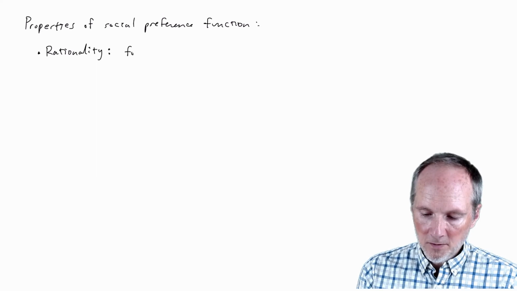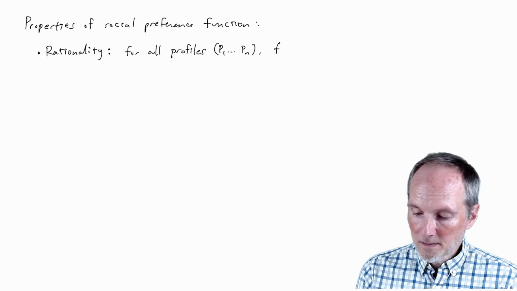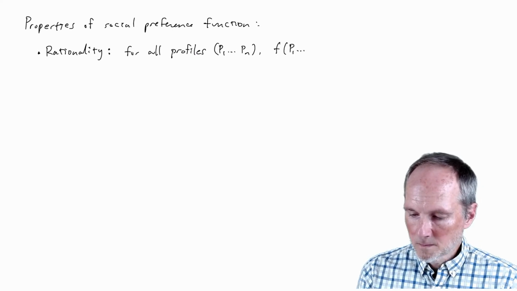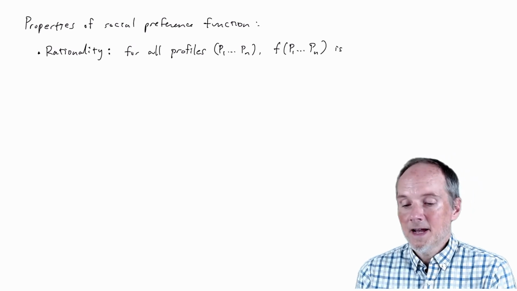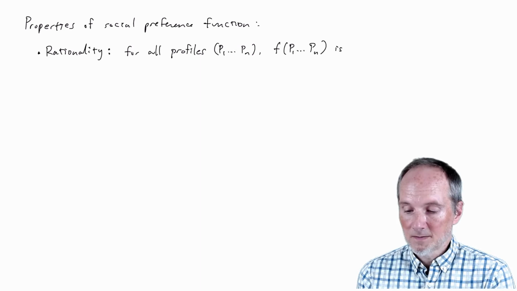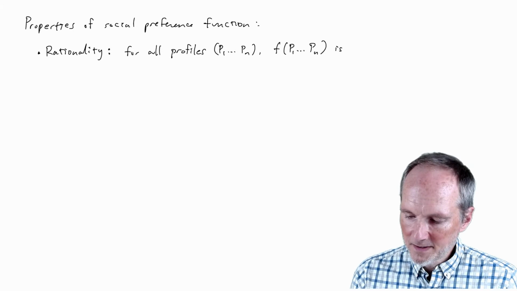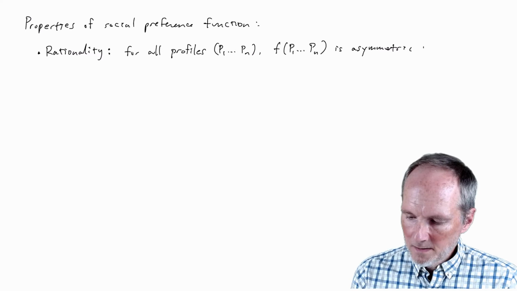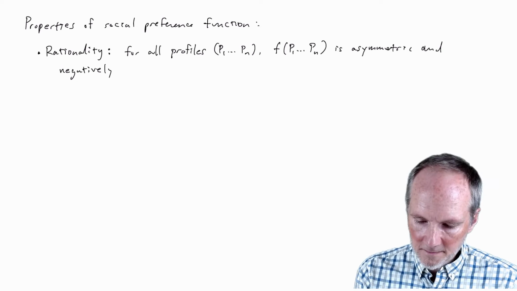Well, it would mean that for all preference profiles, the social preference function is asymmetric and negatively transitive.